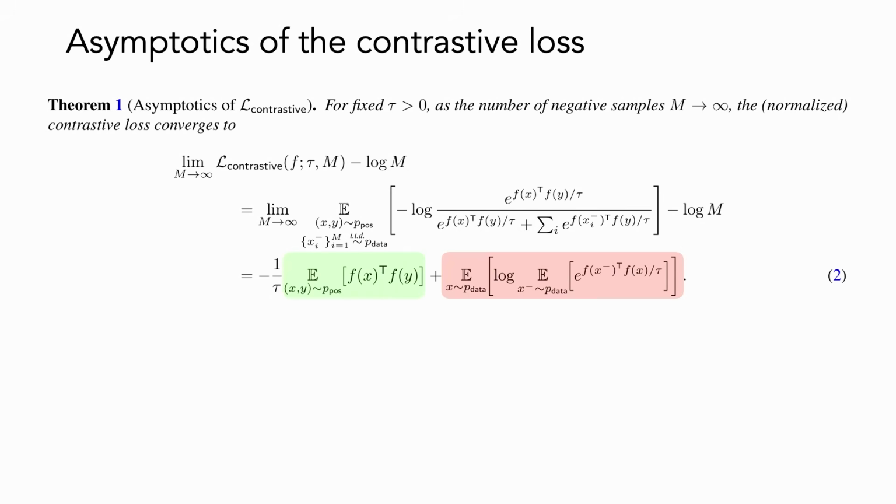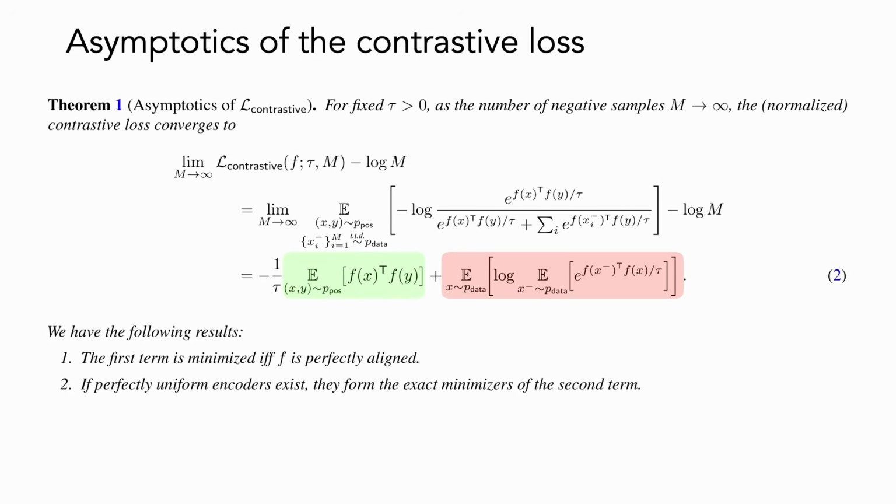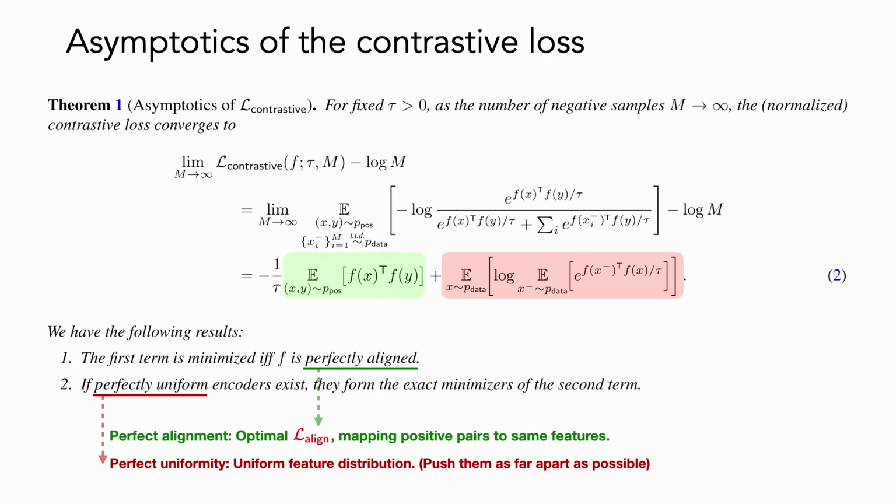And the second term gets minimized if all the points are spread out as far as possible, which is that uniform distribution. So the first term gets minimized if and only if f is perfectly aligned. All the things that are the same have exactly the same embedding. And then the second one is minimized if we get perfect uniformity, which is explicitly the uniform feature distribution, pushing everything as far apart as possible.